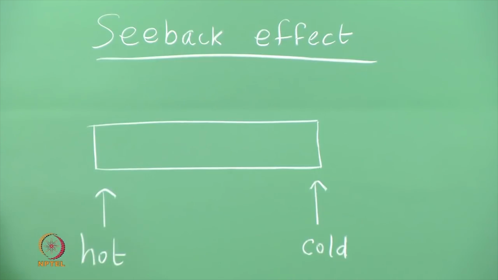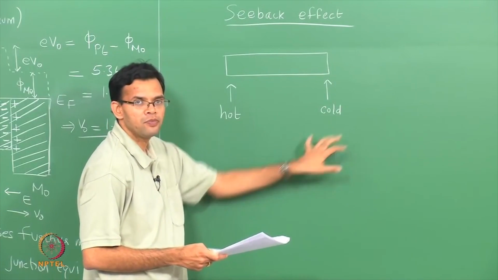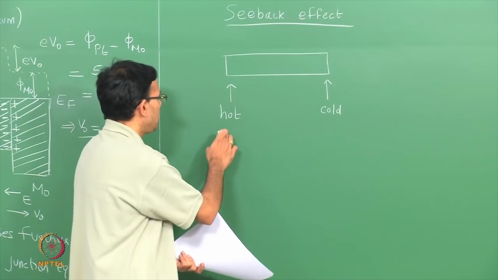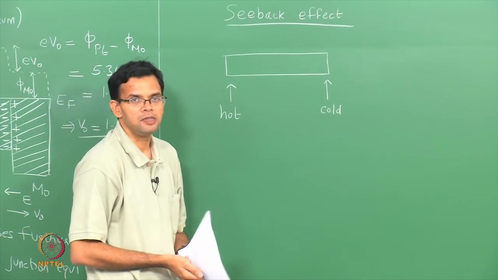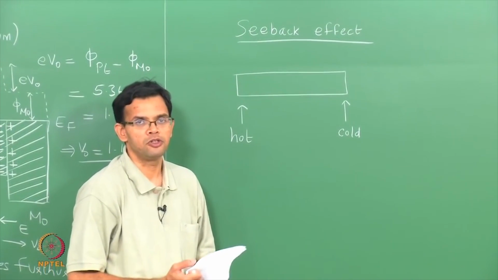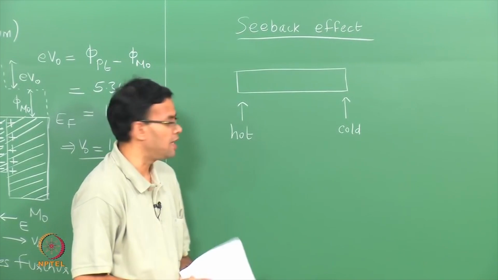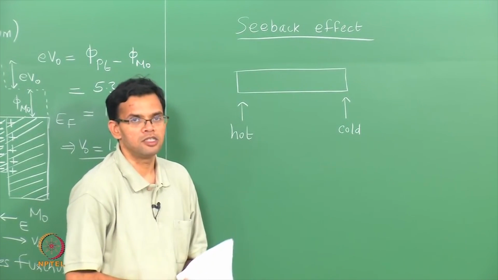So, if you have two ends, one that is hot and one that is cold, electrons on the hot side have a higher thermal energy, because yesterday we saw that thermal energy is equal to 3/2 kT, which means higher the temperature, higher the thermal energy, or higher the velocity.